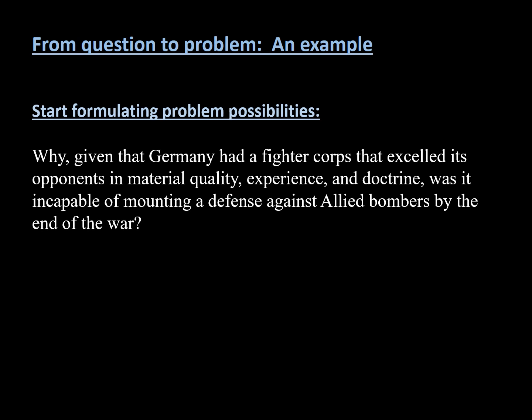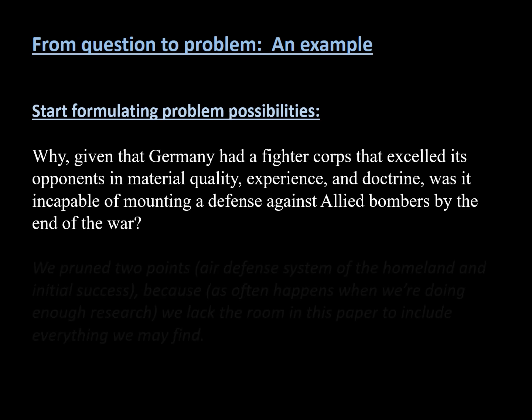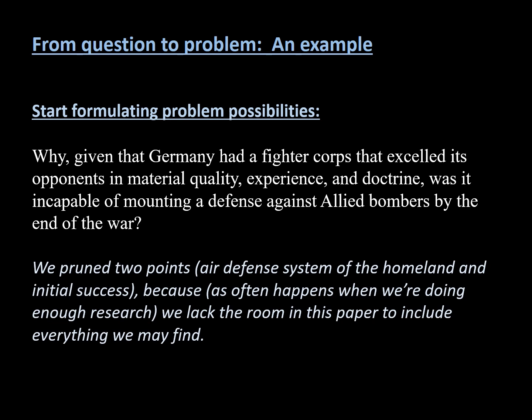Right? It looks like we've made our problem harder. Now, we did prune two points, the air defense system and initial success. We have to do that because we just don't have room to write about everything that we find. So that is okay. You just want to prune the pieces that are least useful, least defensible, and least clear.